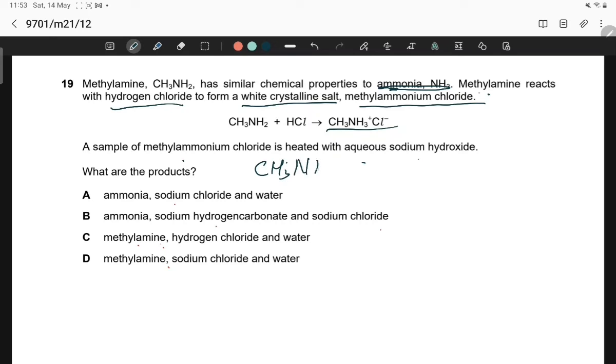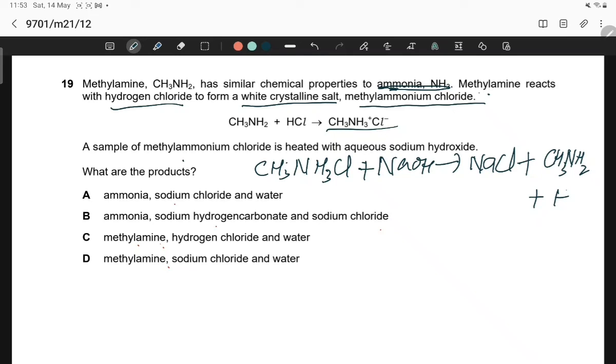CH3NH3Cl plus NaOH gives NaCl, sodium chloride, and methylamine, CH3NH2, plus water. So these are the products.